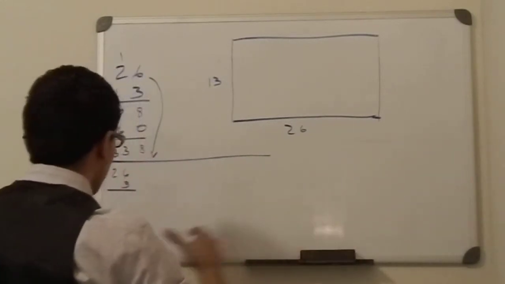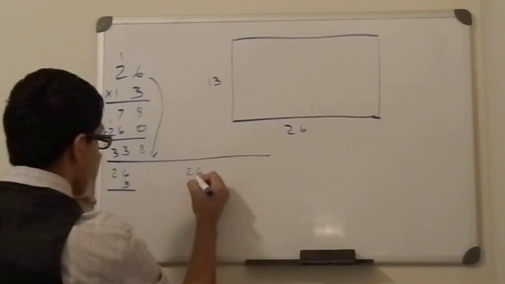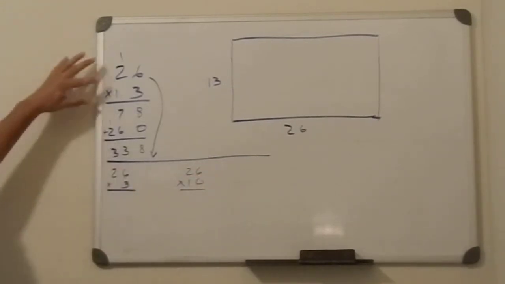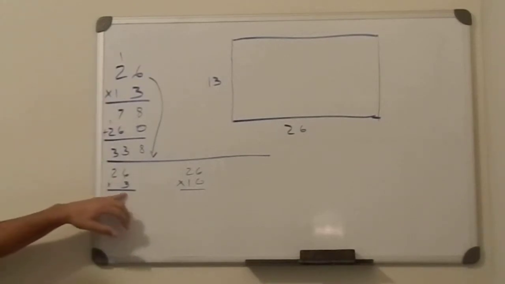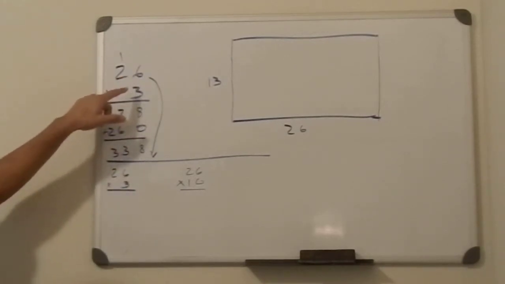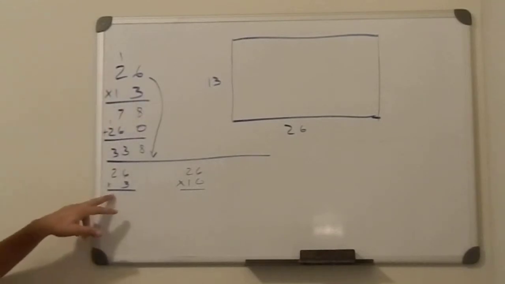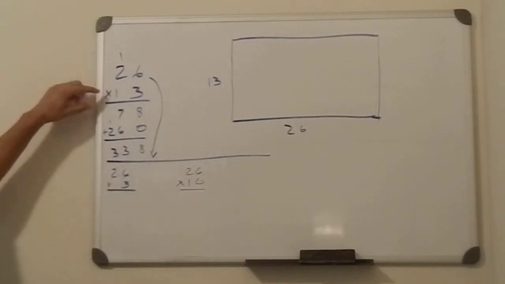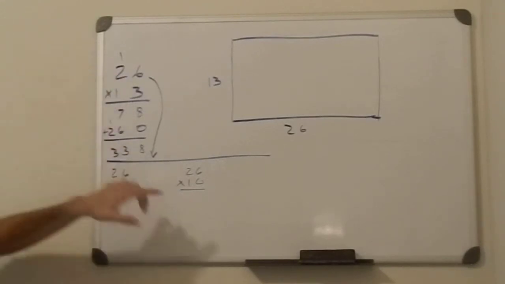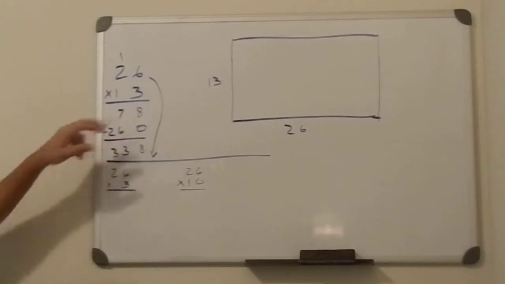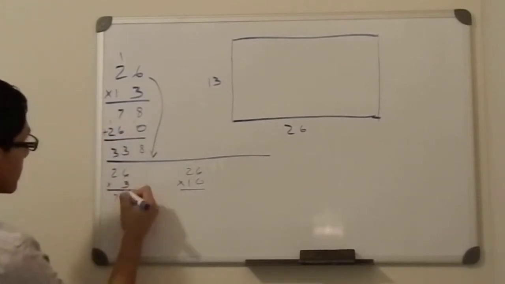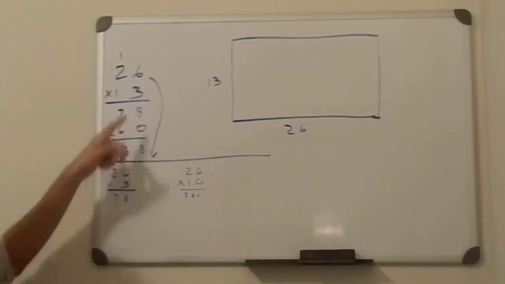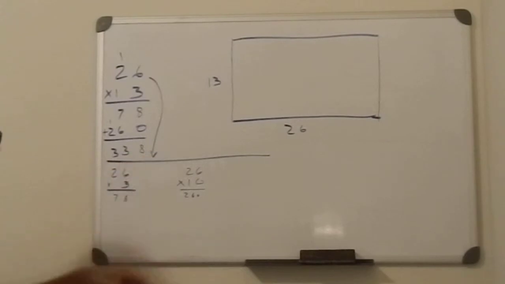Alright, so when we multiply 3 times 6 and then 3 times 20, as here, and we multiply 10 times 6 and 10 times 20, as seen here, right? And if we multiply this out, we will get 78. And we multiply this out, we will get 260, and we add it up and we get this, right?